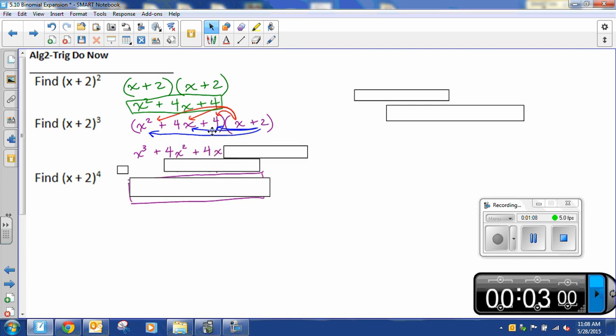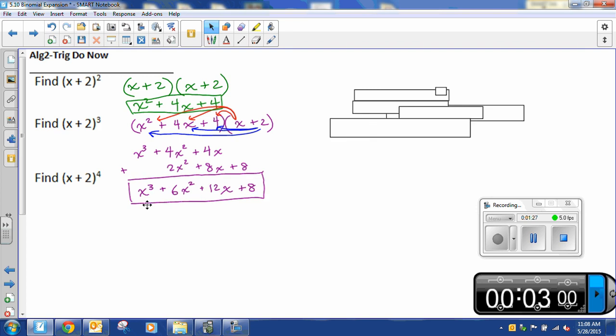And then we multiply the 2 times each term in the trinomial, and we have 2x squared plus 8x plus 8. And we need to combine like terms. So as you can see, I've lined these up so the like terms are on top of each other. Combining like terms, we get x cubed plus 6x squared plus 12x plus 8.